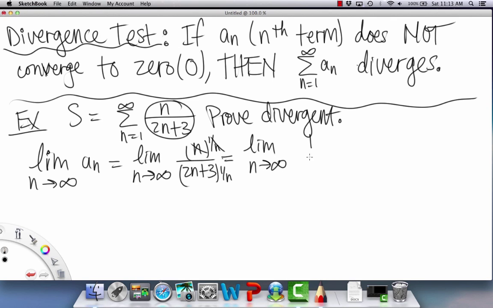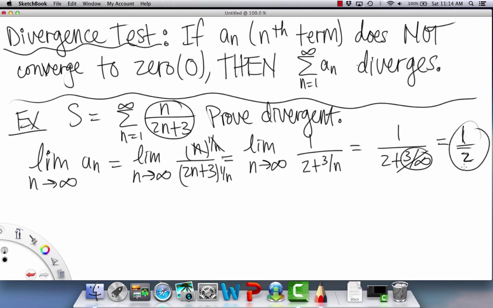Down here we're going to have a 2 plus 3 over n. When you plug in infinity, we get 2 plus 3 over infinity. This 3 over infinity goes to 0, and we get 1/2, which typically is good. Since we got a finite value, that means it converges. So this converges, which is great.